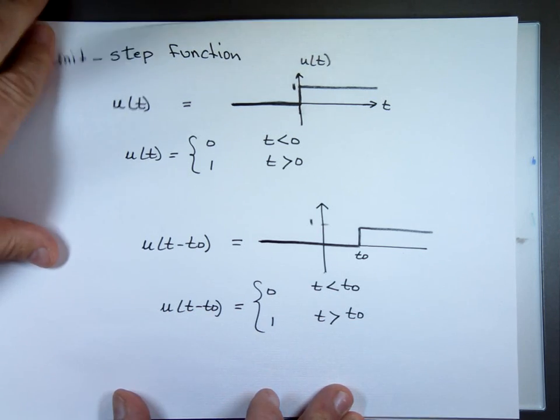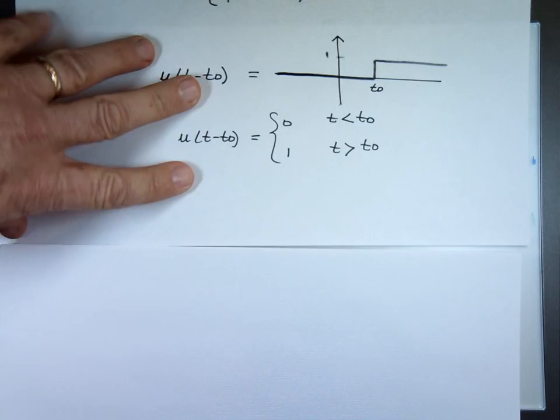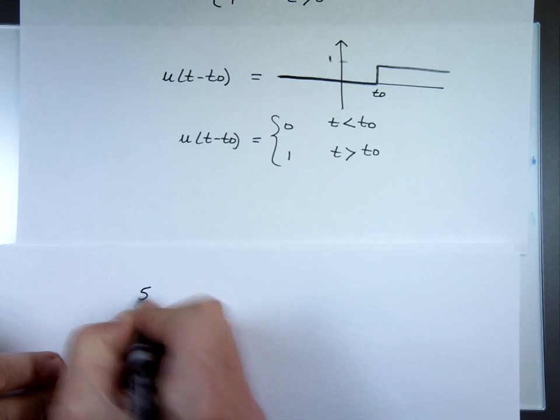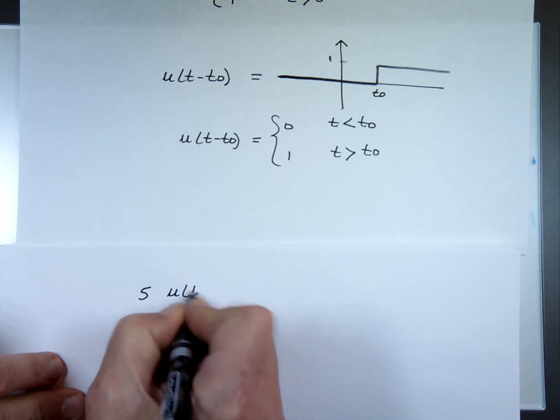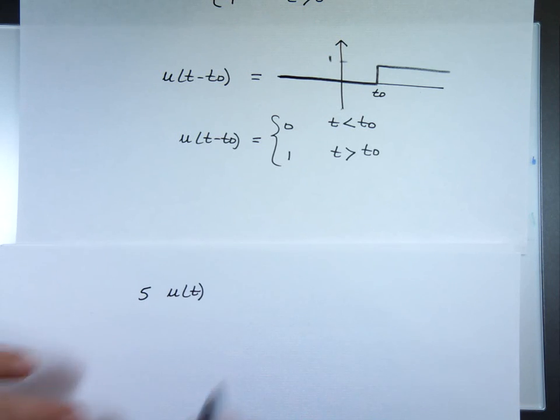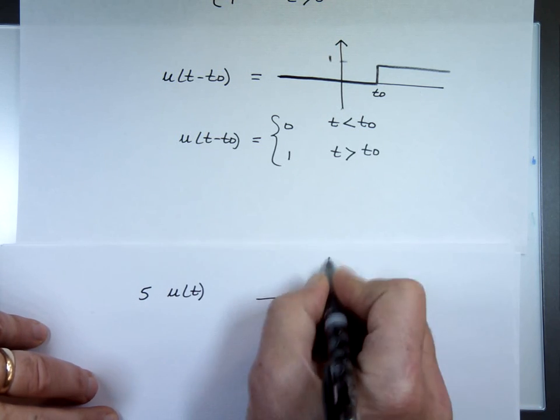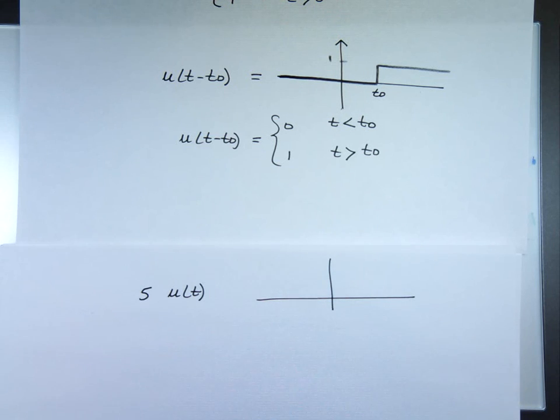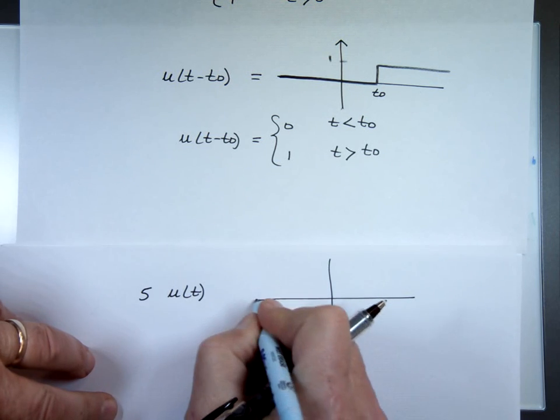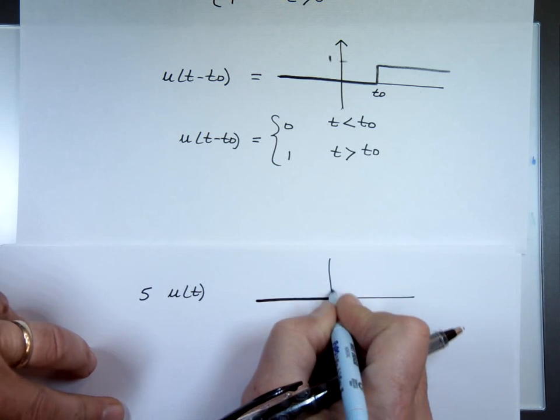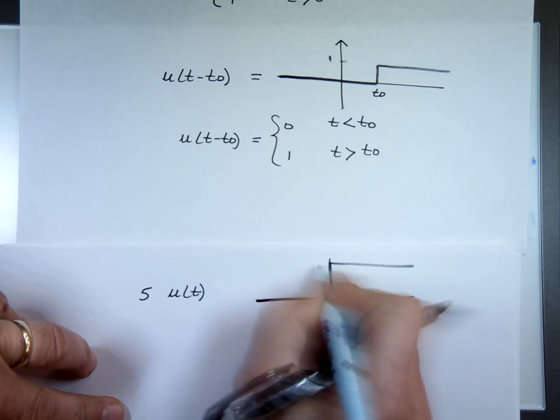Let me continue with that. What does 5 u sub t look like? It has a value of 0 up to here, then it jumps to where? To 5.